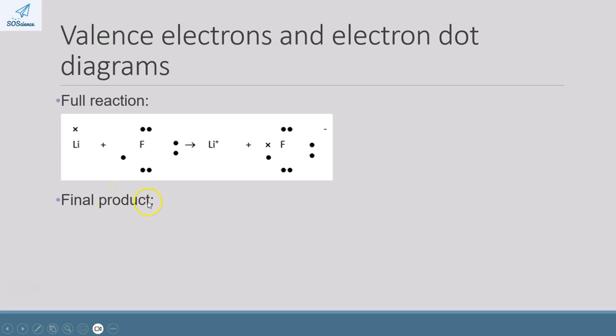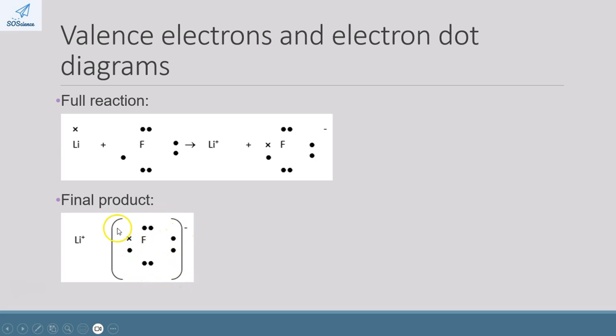Now, in terms of the final product, it might look a little bit strange, but that is the Lewis notation. It is simply how we have to represent it using Lewis notation. So we are going to show our positive ion, and then in a square bracket, we show our negative ion.